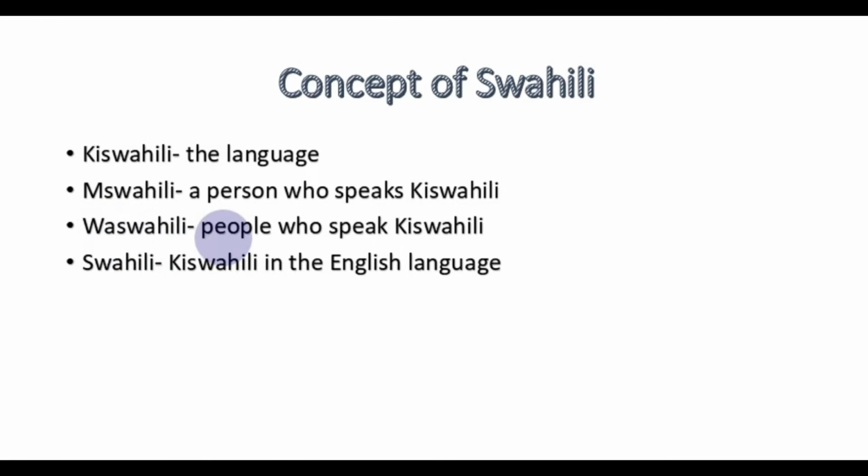The people who speak Kiswahili. We also have Swahili. This term is usually used in English. So when we refer to this language in English, we can say Swahili language, the Swahili people, the Swahili society, etc., etc.